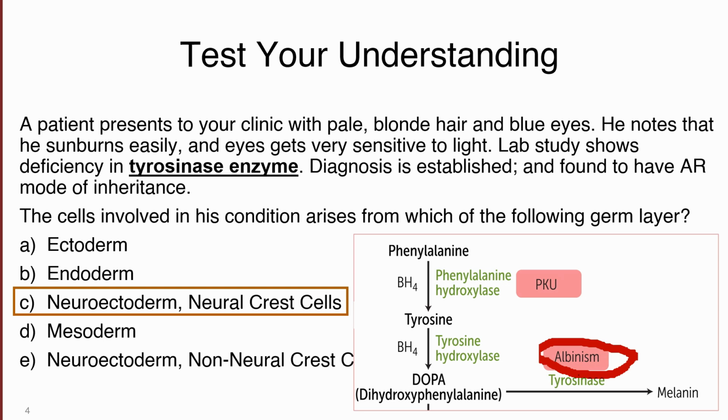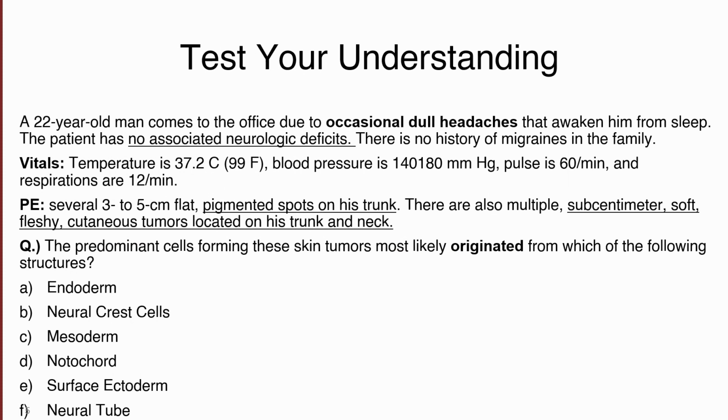One more question. A 22-year-old man comes to the office due to occasional dull headaches that awaken him from sleep. The patient has no associated neurological deficit and there is no history of migraines in his family. His vitals: temperature 37 degrees Celsius, blood pressure 140 by 80 mmHg, pulse 60 per minute, and respiration rate 12 per minute.